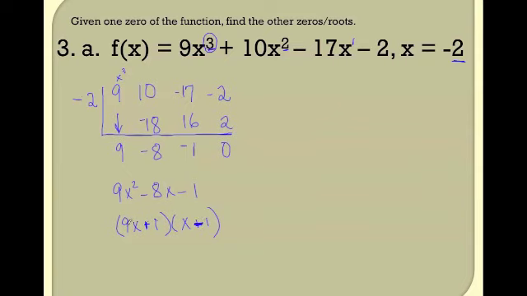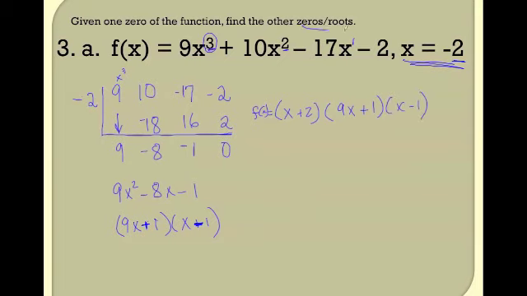Okay, so that would be 9x squared minus 9x plus 1x, and then minus 1. So my complete factorization, including this factor, is x plus 2 times 9x plus 1 times x minus 1.